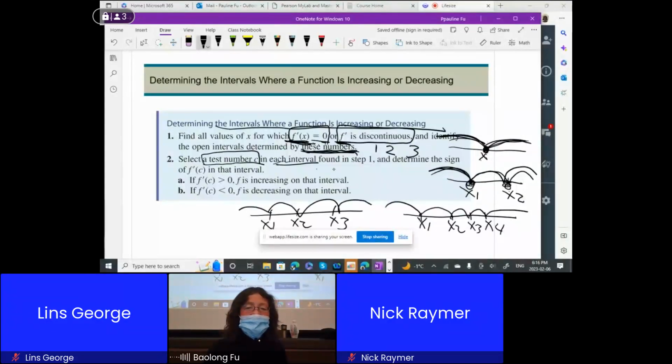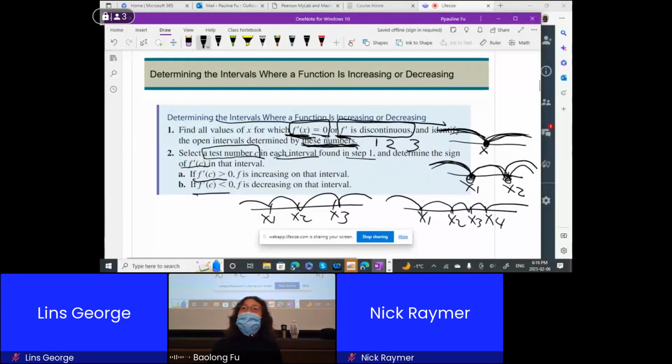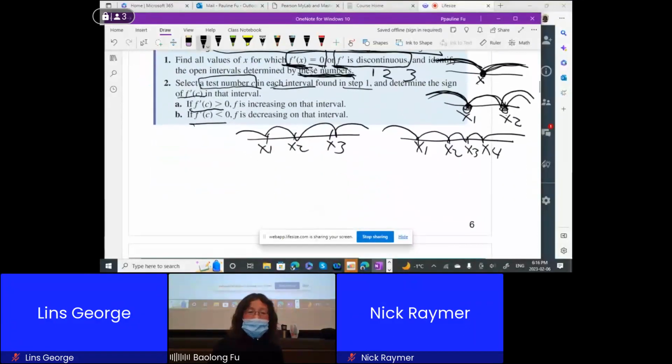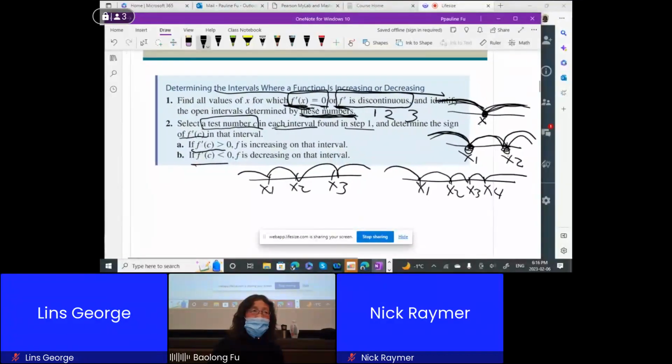You find a test number in step 1, then determine the sign. If f prime of c is greater than 0, f is increasing. If the derivative is smaller than 0, f is decreasing. This slide looks abstract, not intuitive, but when we go through the example, it will help you understand this part.